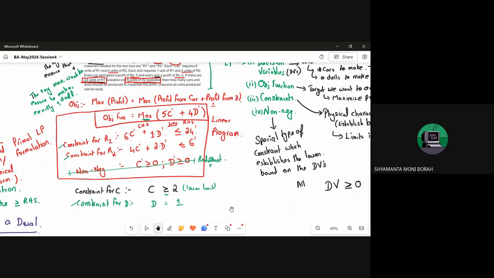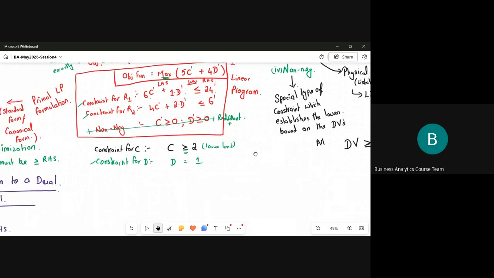It will get added in the objective function for the dual. How will they get added? Okay, fine. Let's formulate and see.